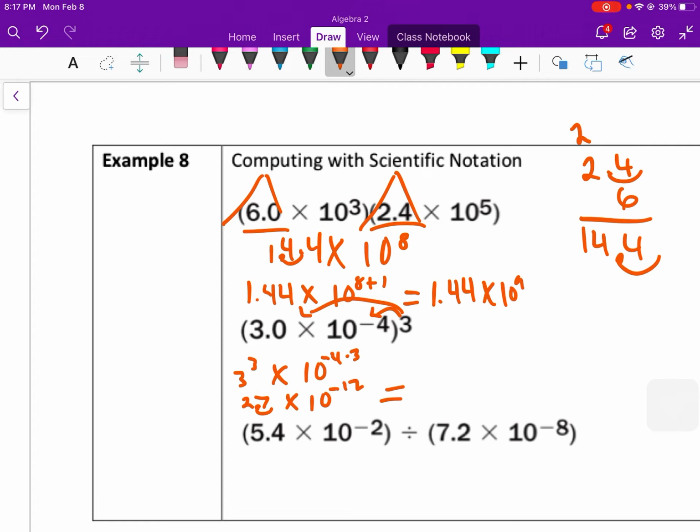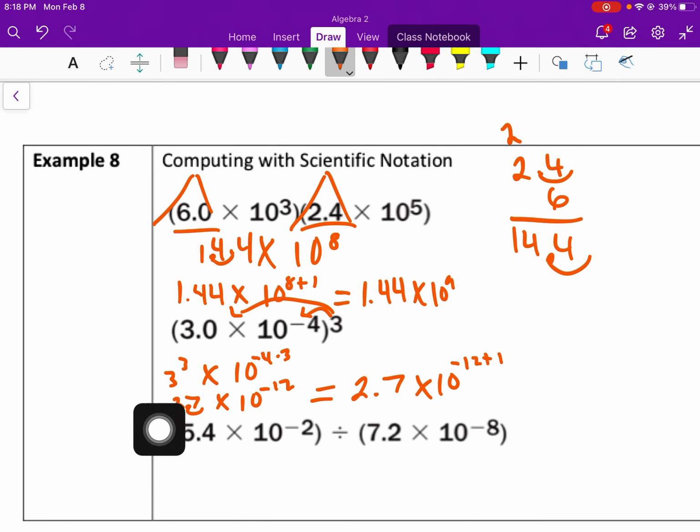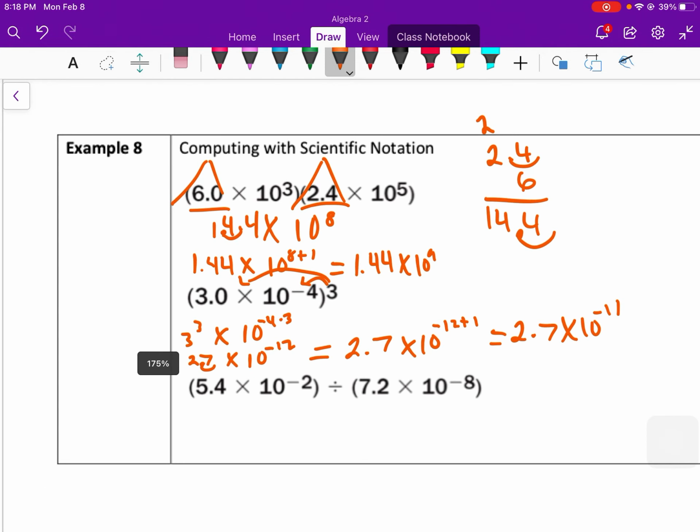So we have that integer from 1 to 9. So we have 2.7. Again, we move to the left, so times 10 to the negative 12 plus 1, because we're going to need one extra 1 to move to the right. So then we have 2.7 times 10 to the negative 11th.